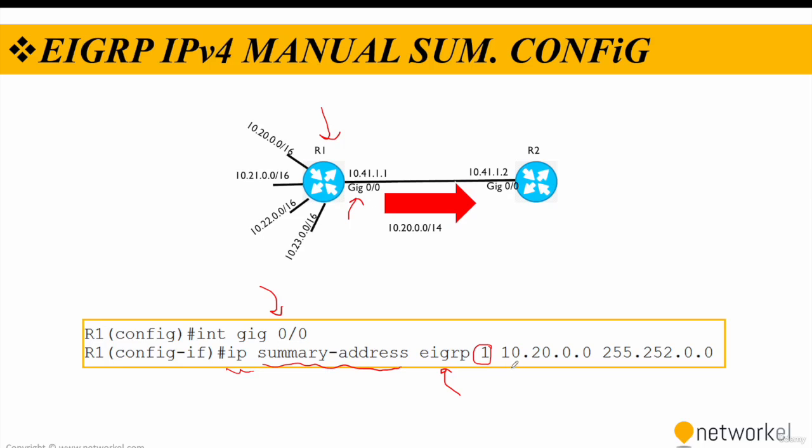Then I am typing the network I am trying to summarize, 10.20.0.0 with the subnet mask of /14. This is how I am doing the summarization.